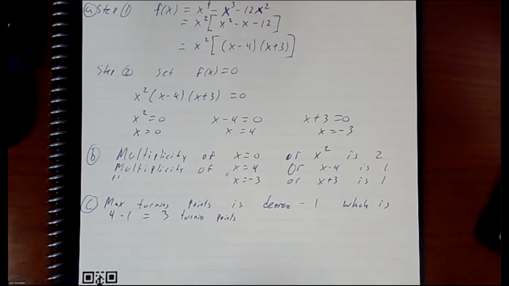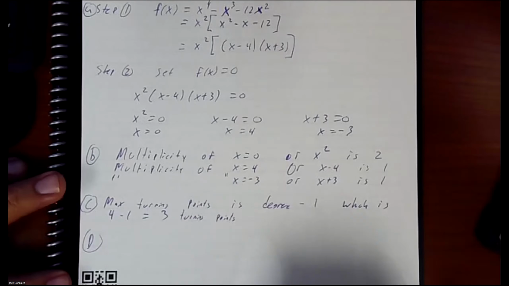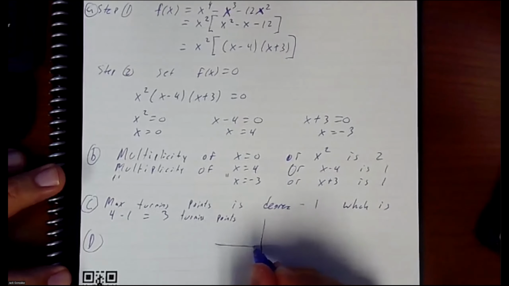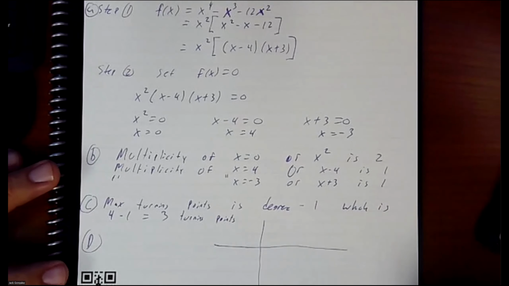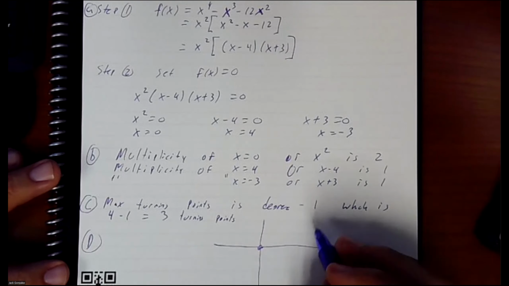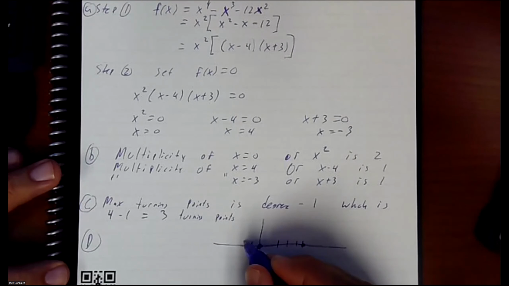All right, so that's part C. Part D, it's a fourth power function, so it'll be parabolic-like. It has these zeros, so what you could do is plot the zeros first. So we got a 0 at 0, 1 at 4, 1 at 3.